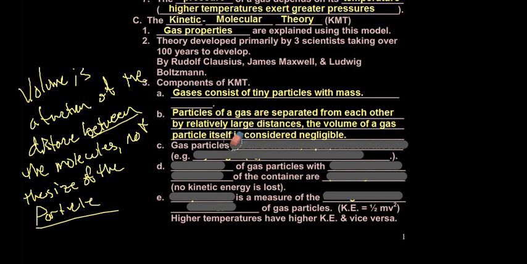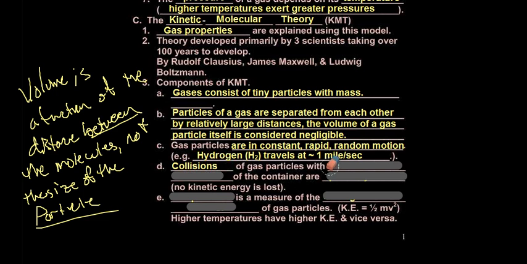All right, now gas particles are in constant rapid random motion. For example, hydrogen travels at about a mile per second, which can be extrapolated to 3,600 miles per hour, or roughly 5.5 times the speed of sound. Quite fast. Okay.